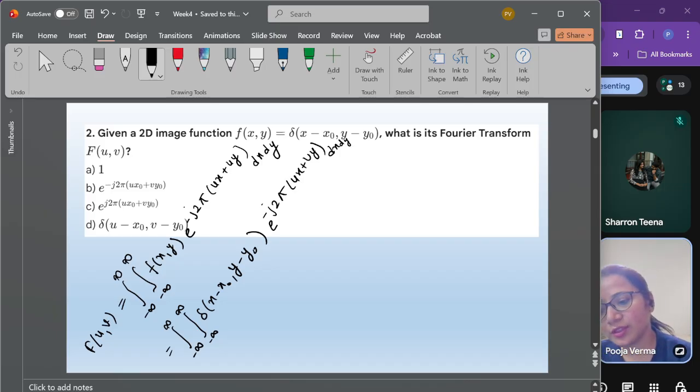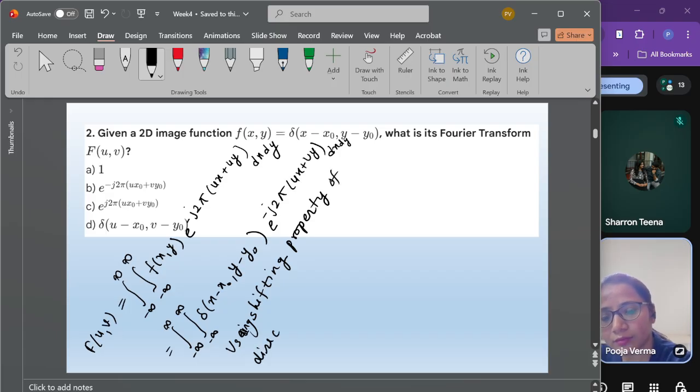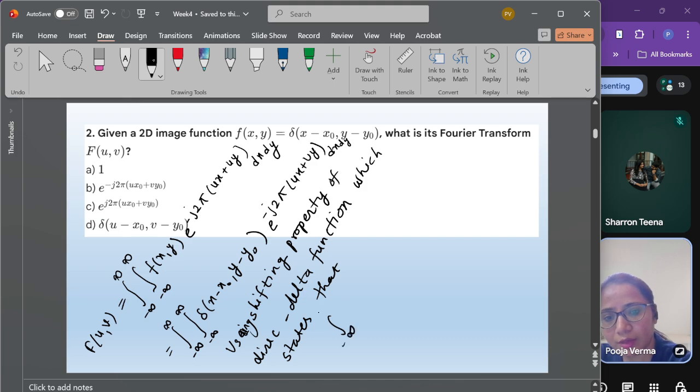Now if we use the shifting property of the Dirac delta function, that is an impulse function, which states that the integral from minus infinity to infinity of delta of t minus t naught times x of t dt is equal to x of t naught, right? This is the shifting property of the Dirac delta function.